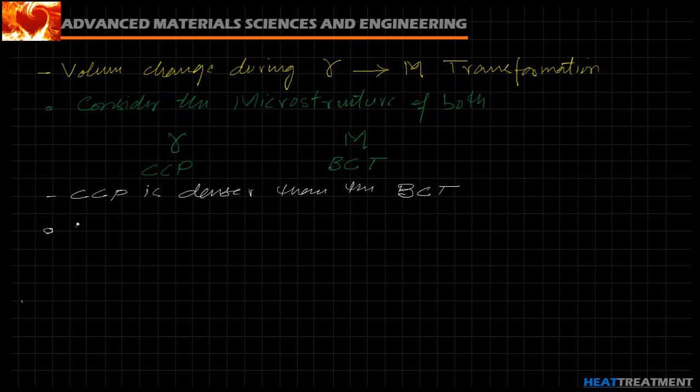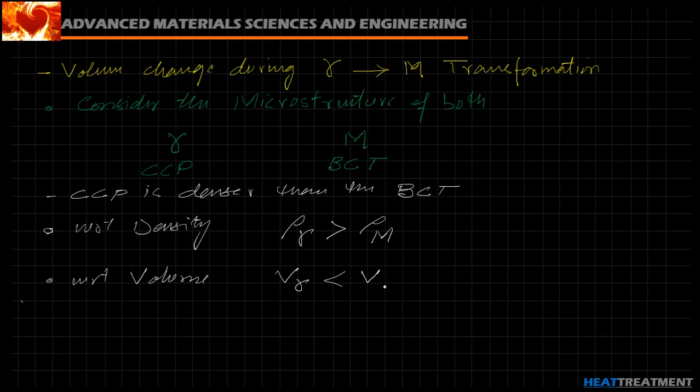So with respect to the density, we can say the density of austenite is more than the density of martensite, and with respect to the volume, the volume of austenite is less than the volume of martensite, which means once the transformation takes place from austenite to martensite, there will be an increase in the volume, and this increase in volume will cause the problem for the case of large size components.